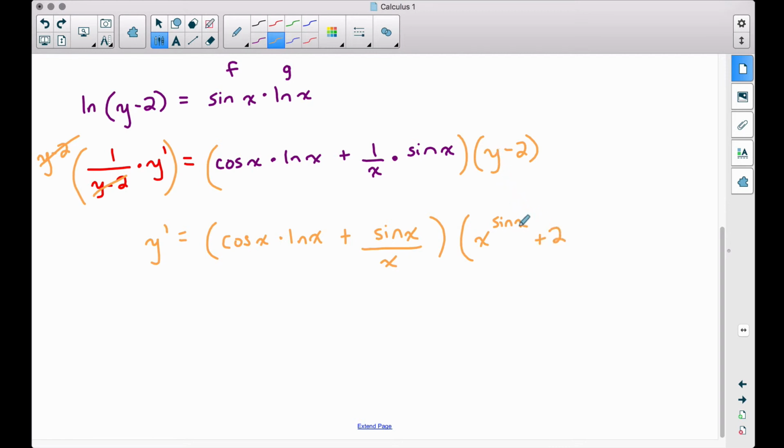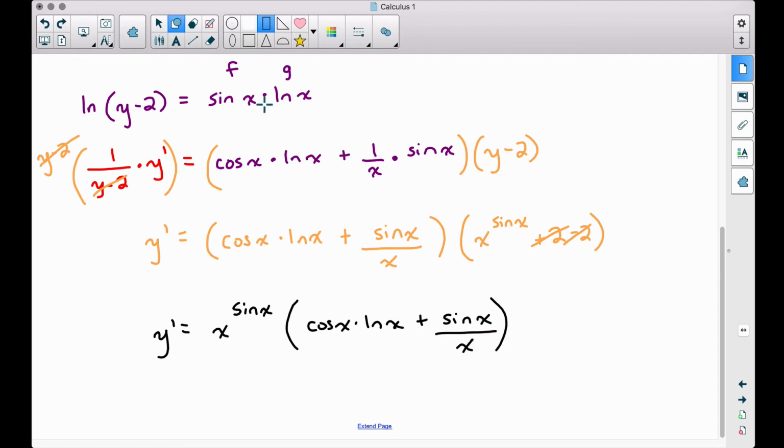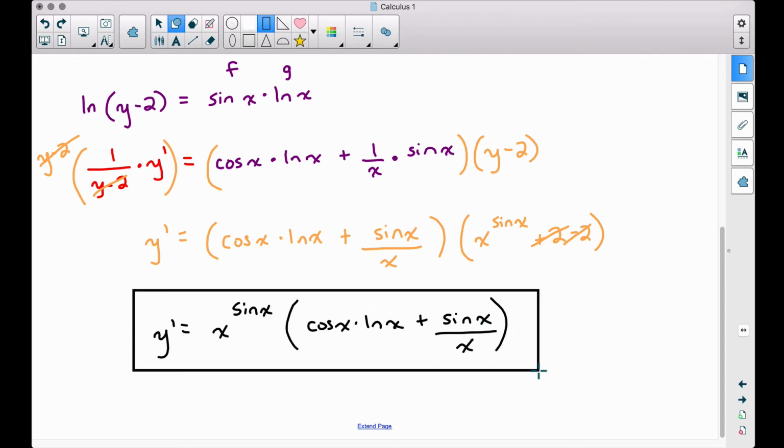Remember, that's what y was equal to. And then we got to come back and subtract 2. So that will get rid of these two pieces here at least. And if you wanted to distribute, that'll be just fine. But I'm just going to leave my answer like this. X to the sine of x, I'll write that down first, times this stuff that we have here. And just like that, that is going to be our derivative.